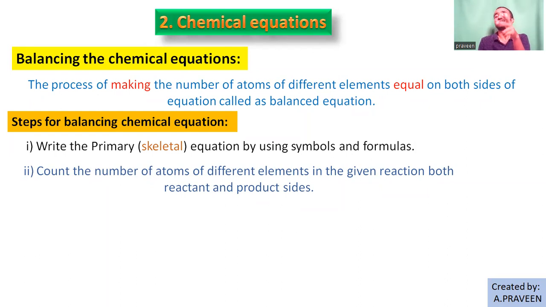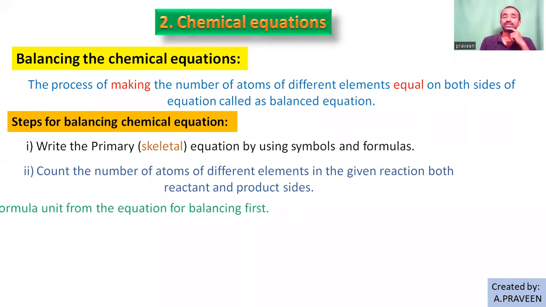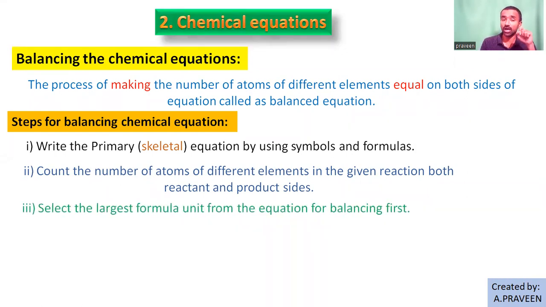Third, selecting the largest compound or formula unit for balancing. A group of elements is called a formula unit here, maybe ions also sometimes. That largest formula unit from the equation is balanced first.